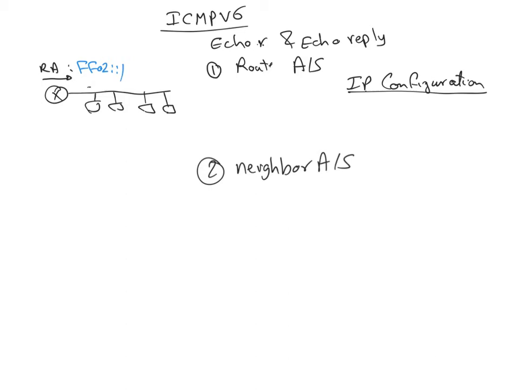Okay? So this router advertisement will send all the common information for the IP address configuration, which is the prefix and of course the prefix length, which is typically 64. And what else?